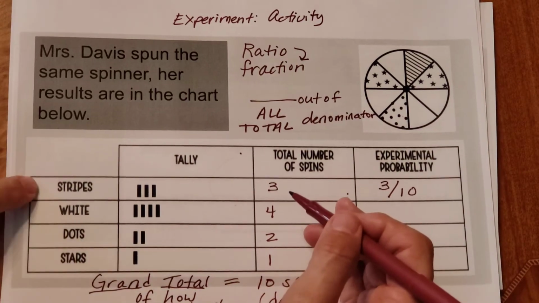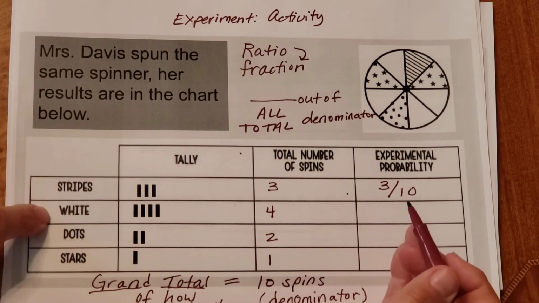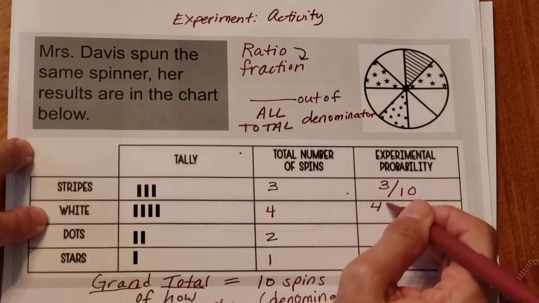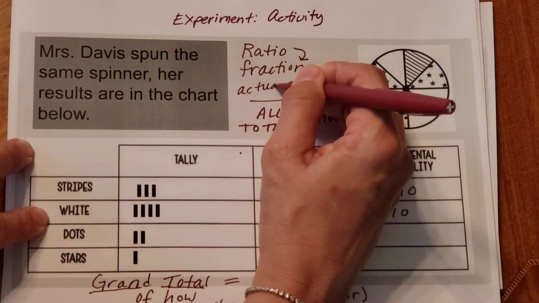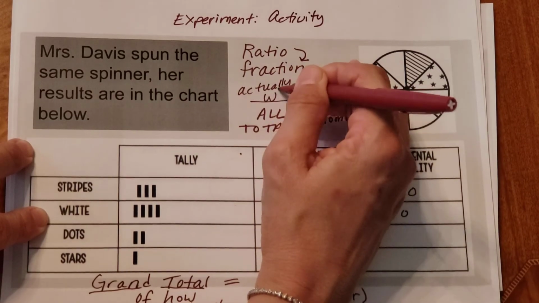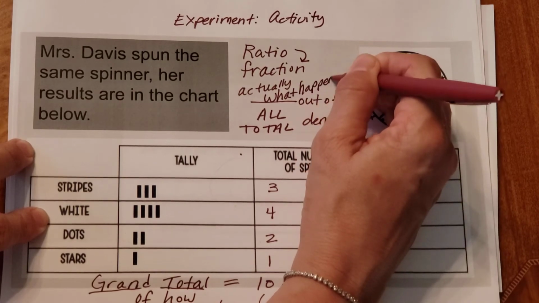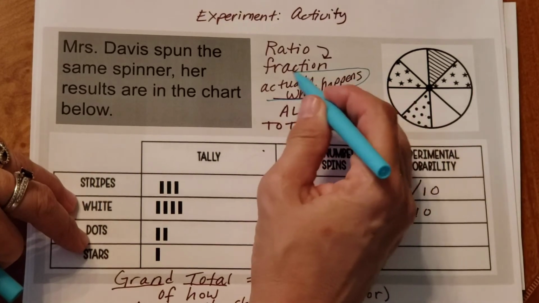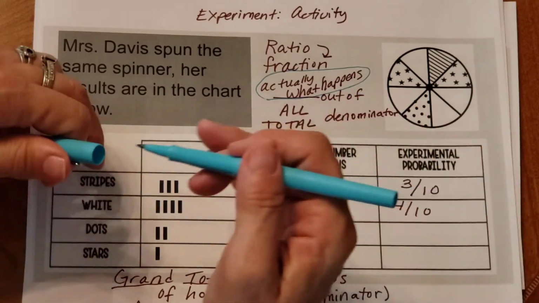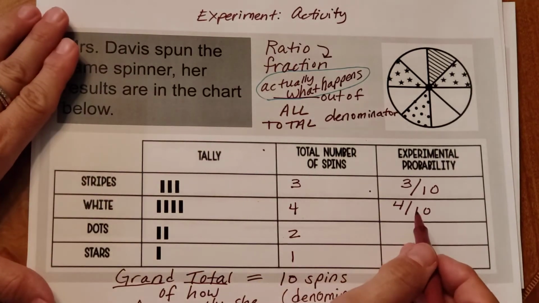So those are like what happens. So what happened for the stripes? The stripes came up 3 times. What happened for the white? It came up 4 times. So this is actually what happened. Okay, so the numerator is actually what happens, and the denominator is what the whole total of all the activities were.